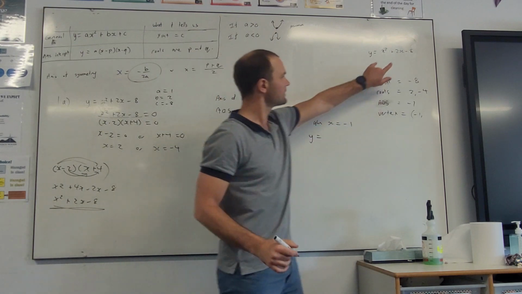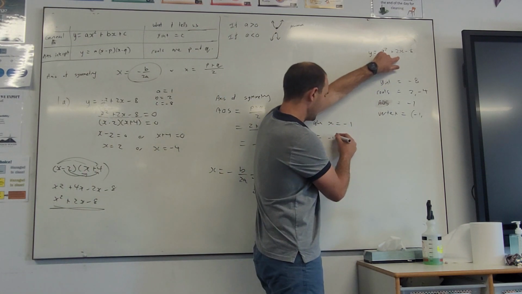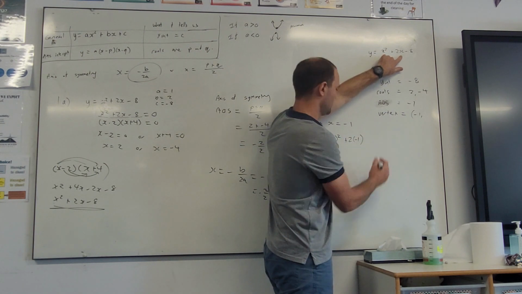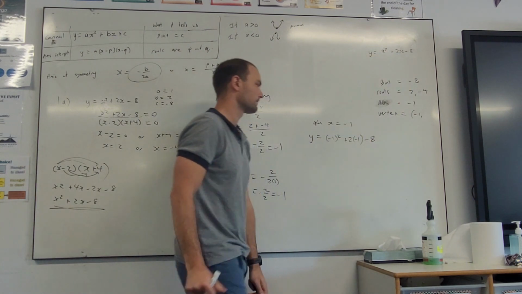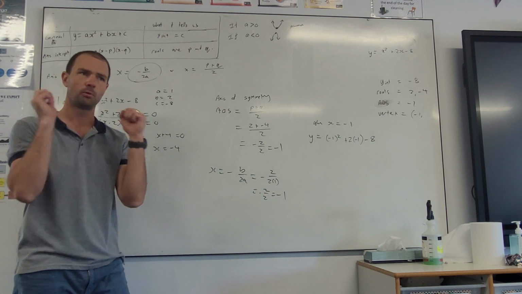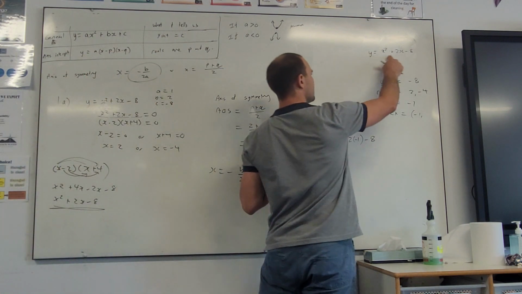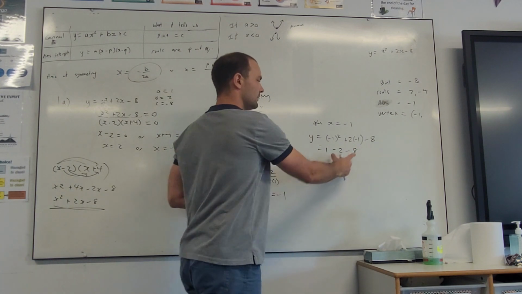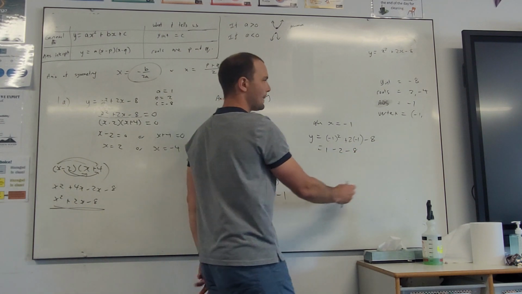Let's put it into this form. We're going to have minus 1 squared plus 2 times minus 1, and then take away 8. All I've done is put the number minus 1 where the x is in the function. Positive 1, take 2, take 8. This is minus 10 plus 1.